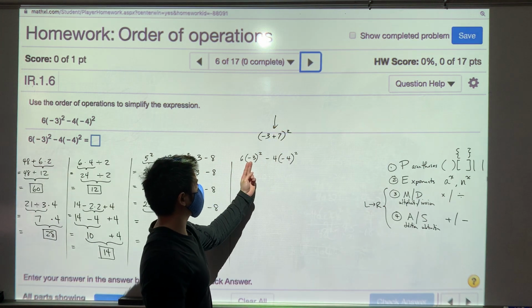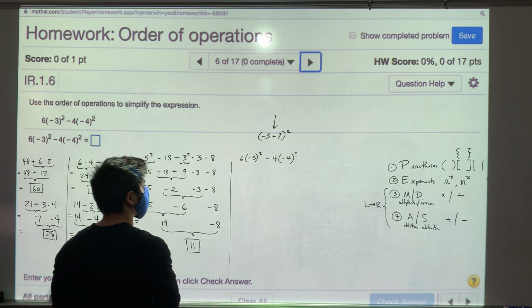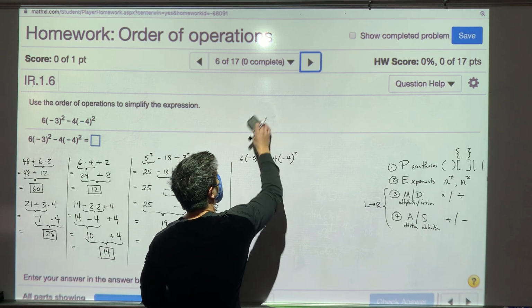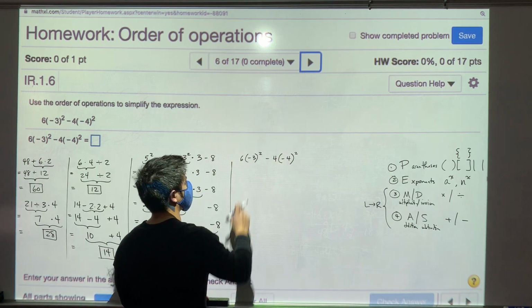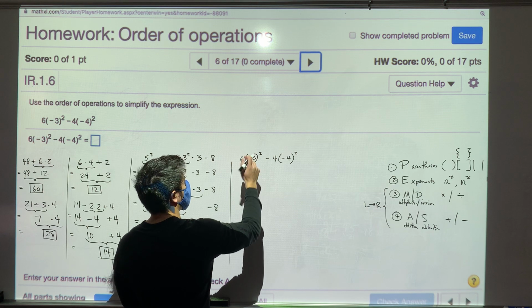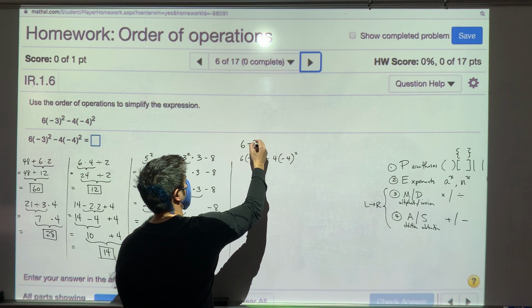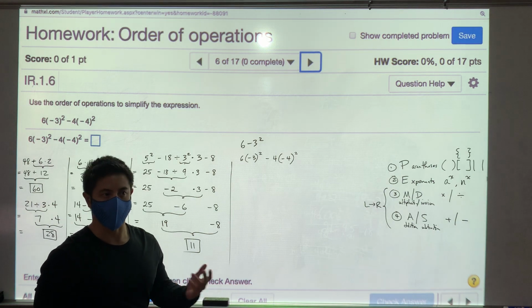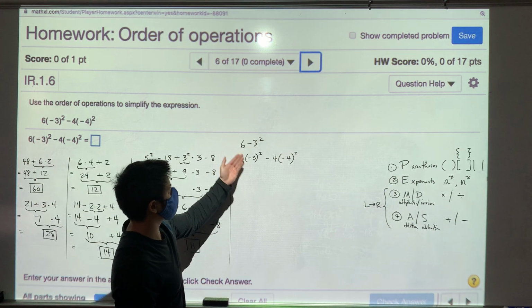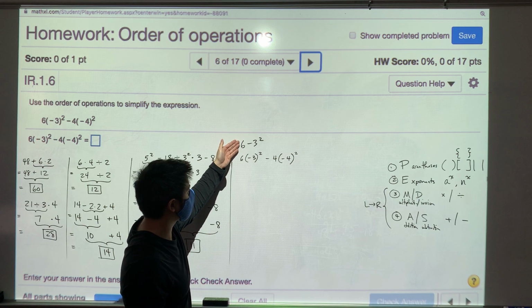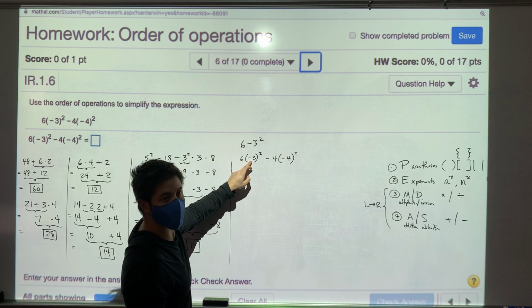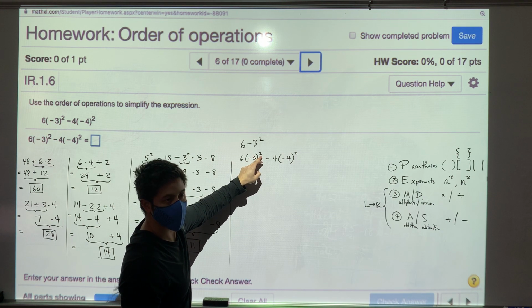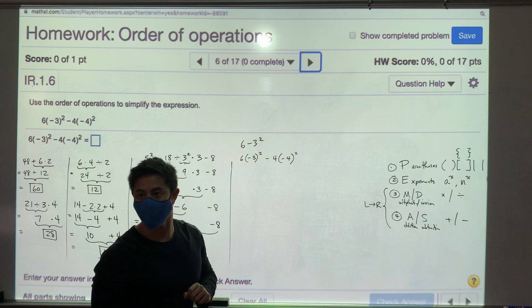The reason why these parentheses are here is to make sure that there's no confusion with this negative value. If this is written as 6 minus 3 squared, this could be easily misinterpreted as to what we need to be doing. This is a different message from this. This is saying take negative 3, square it, and then multiply it by 6.